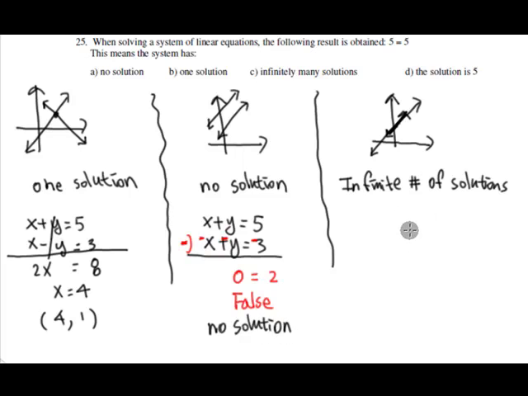Now the typical example of the third case would be when they're identical, not just on the variables, but also on the constant term on the right hand side. Because they both are the same equation, it's obvious that they have to overlap each other.